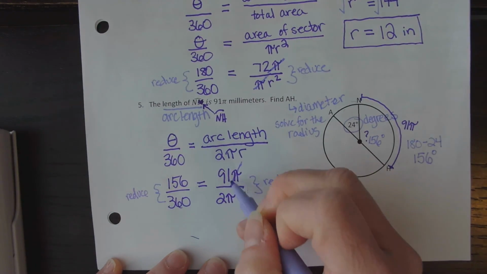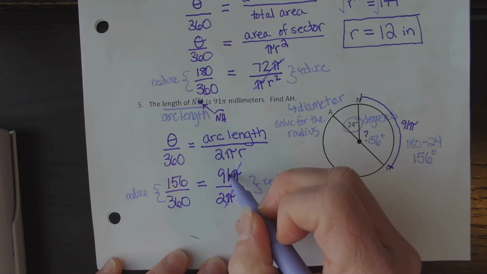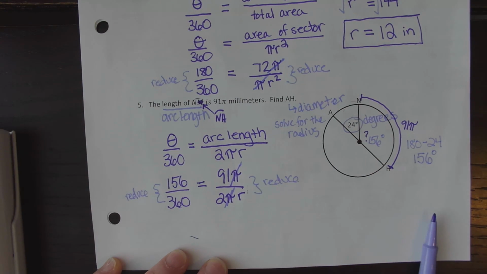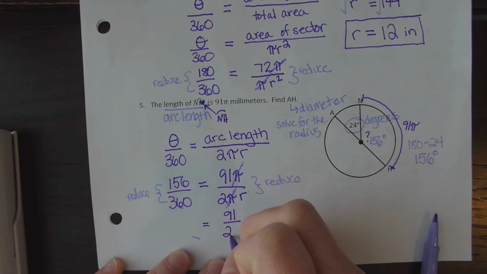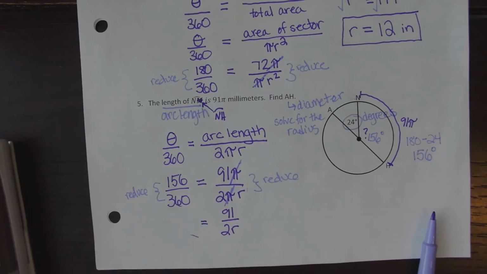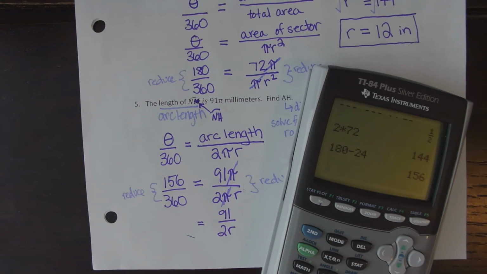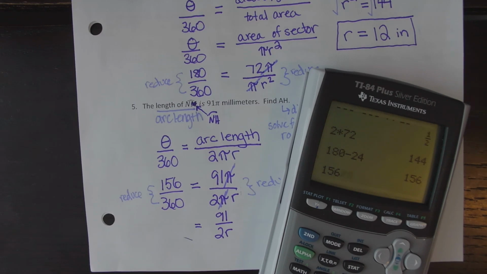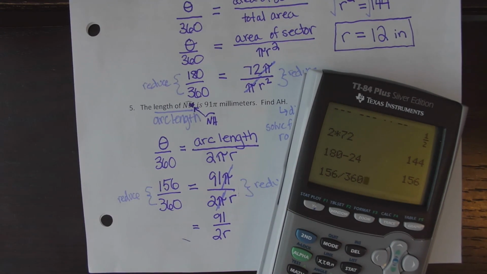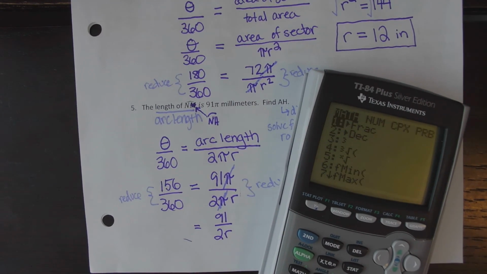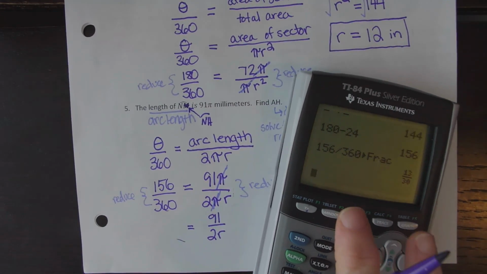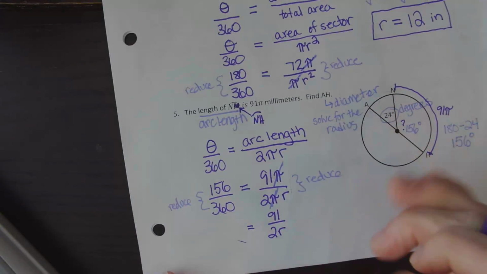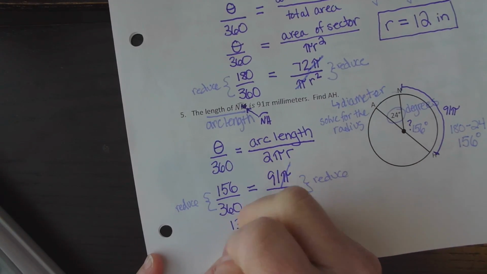Over here, the pi's cancel. Does 2 go into 91? Nope. So I have 91 over 2r. I'll pull out my calculator, and I have 156 divided by 360. Then I hit math and frac, and I get 13 over 30.